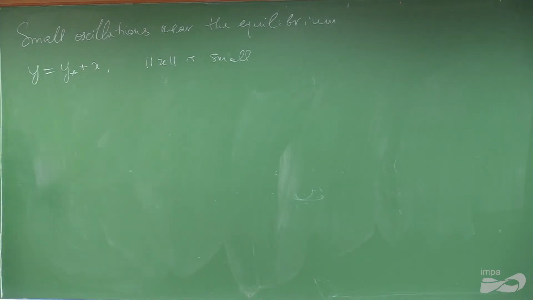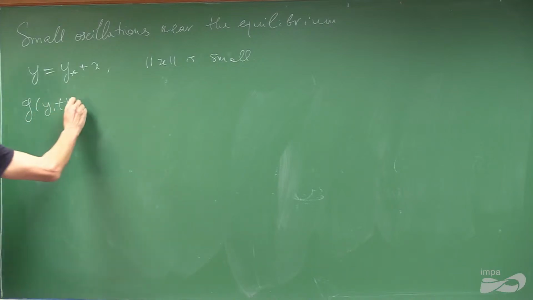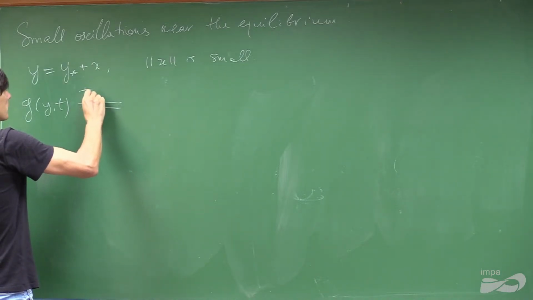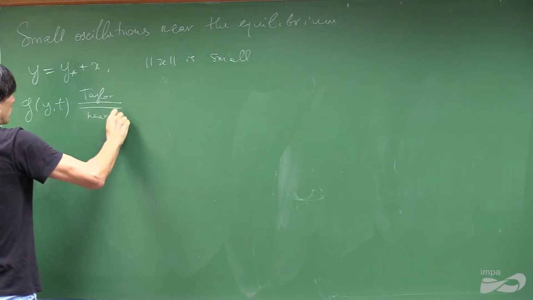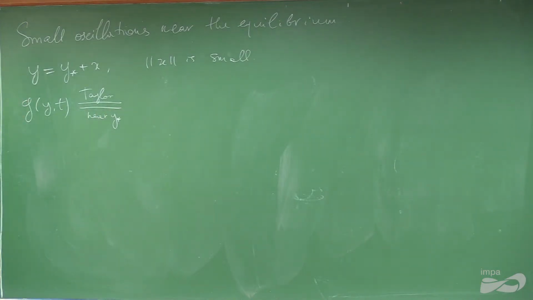How we do it: we take the right-hand side and expand it in a Taylor series near y star. We expand only in the first variable.